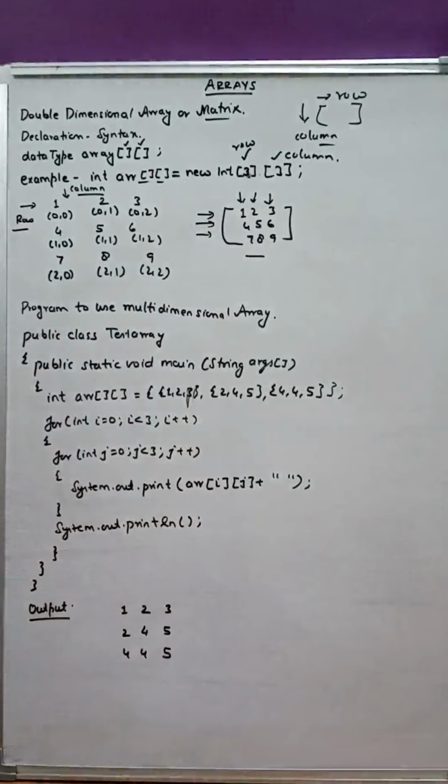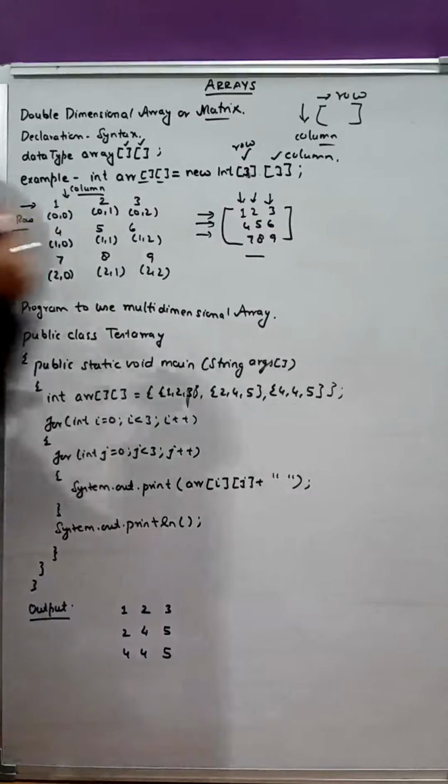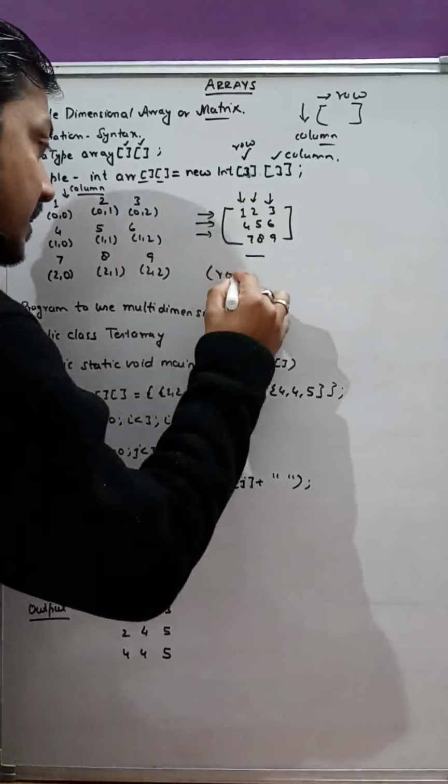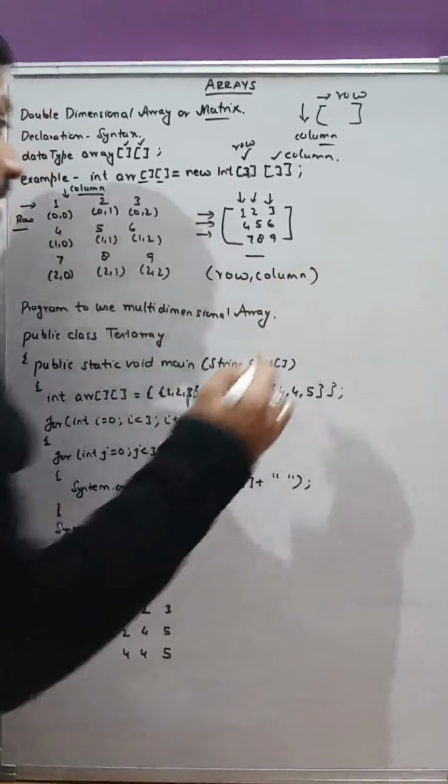Now coming to the position of the elements. The position of the elements is based on the combination of row and column. First comes the row, and then the column.